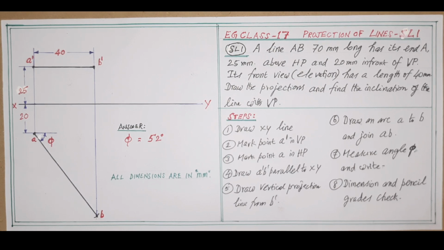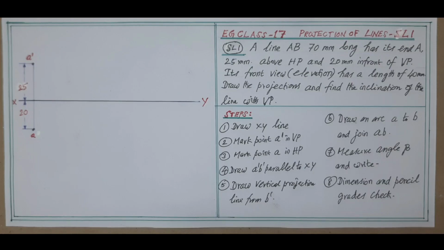Here the full drawing is given only for reference. This problem, based upon the given data, is the inclined to vertical plane type. There are three rules to remember to avoid confusion. Think and imagine. Number one: when inclined to the vertical plane, the length will be shorter when it is viewed from the front, and the line is parallel to the horizontal plane.